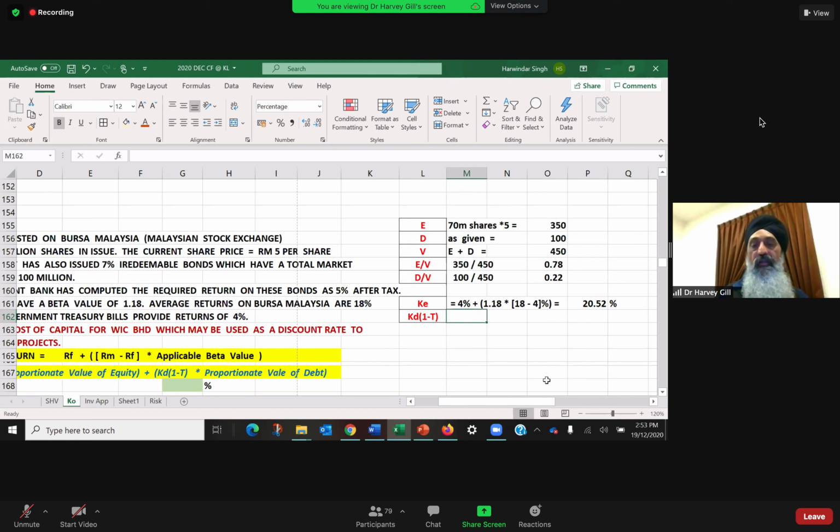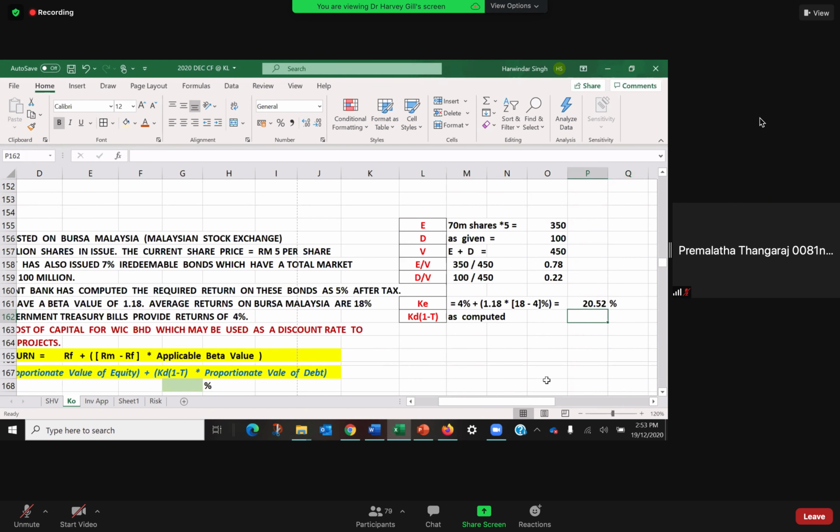And KD1 minus tax, as computed already for us, is 5%. Yeah, 5%.